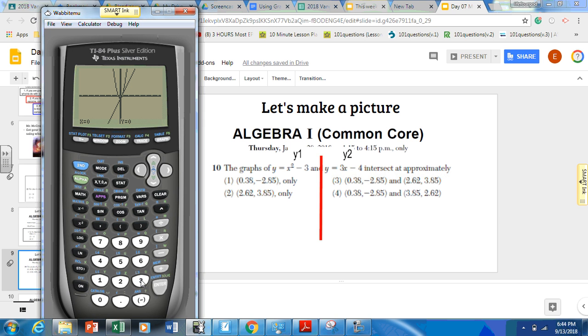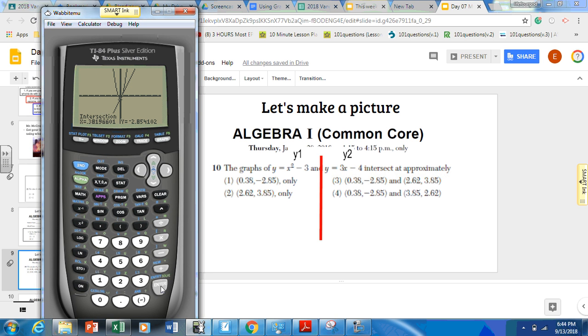Okay, so now I'm going to hit second trace 5. No, that's not what I want. Okay, remember, math means mistakes allow thinking to happen. Second trace, there we go, 5. I'm going to hit enter 3 times. 1, 2, 3.